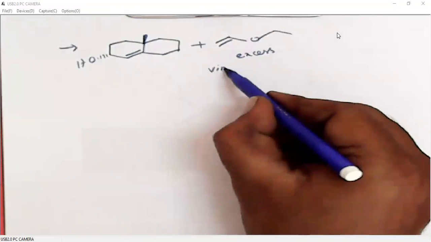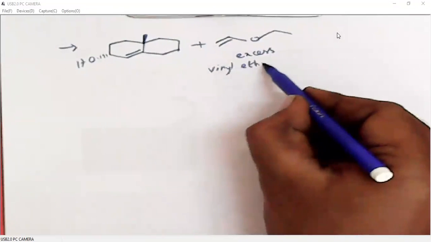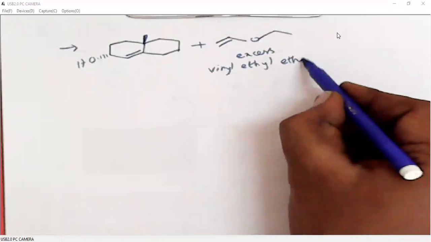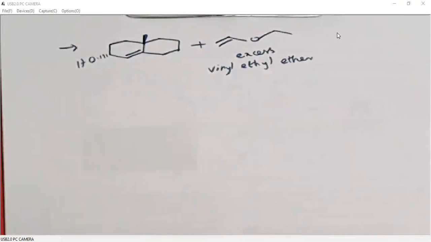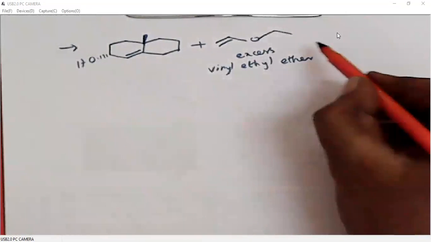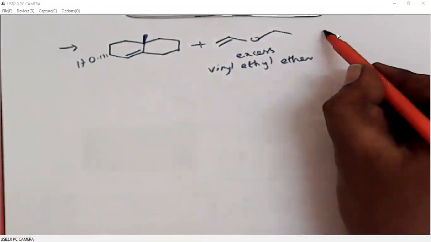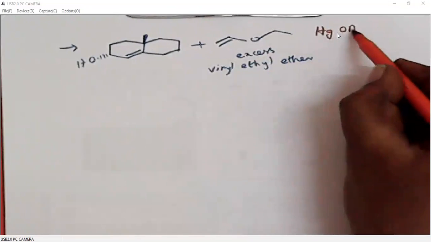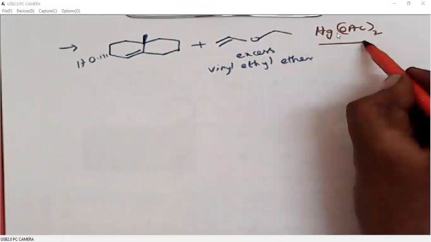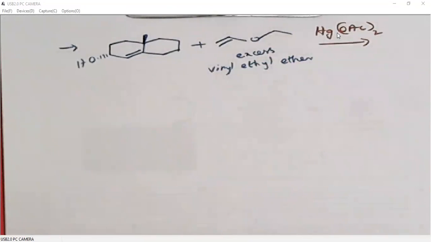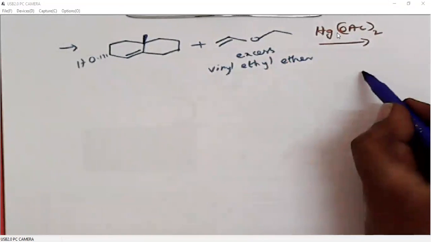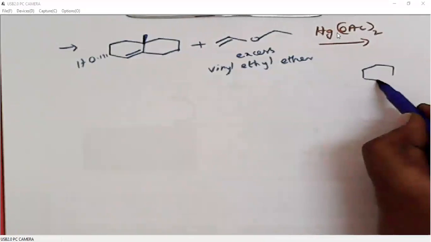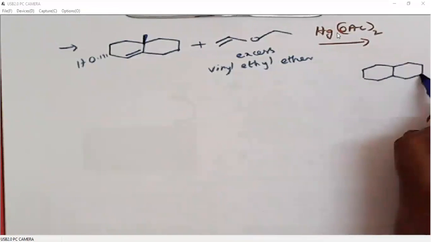This is vinyl ethyl ether. So allyl alcohols can be vinylated with vinyl ethyl ether in presence of mercuric acetate. So it generates substrates for the Claisen rearrangement.